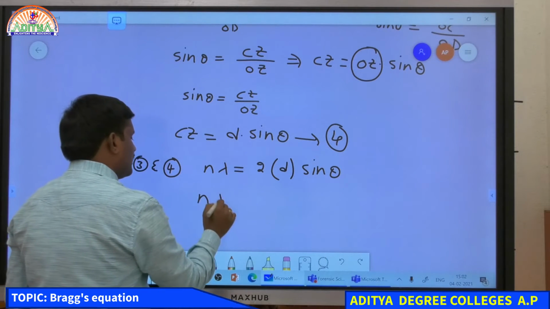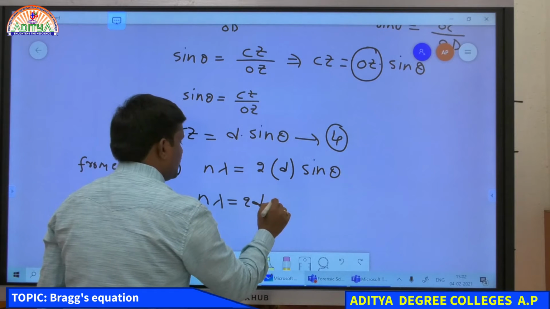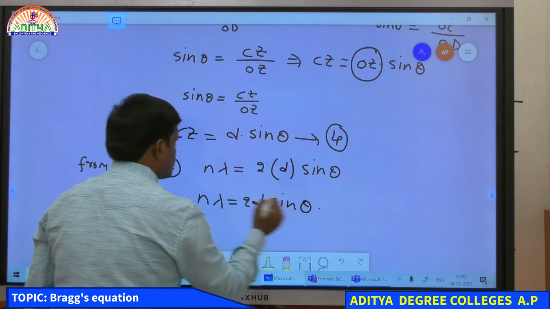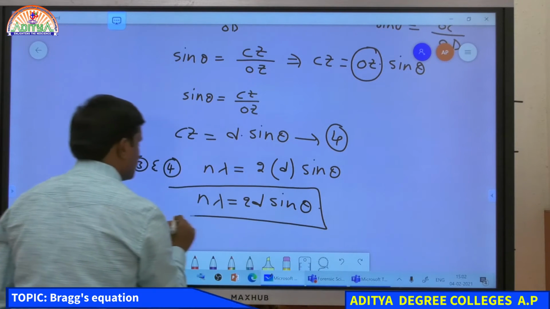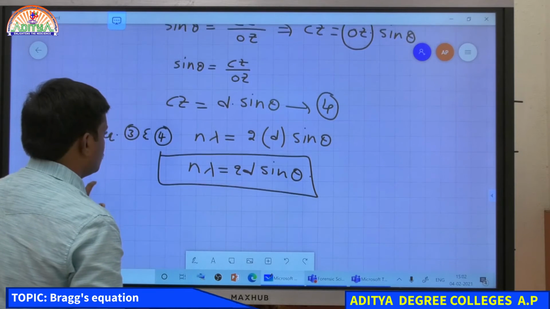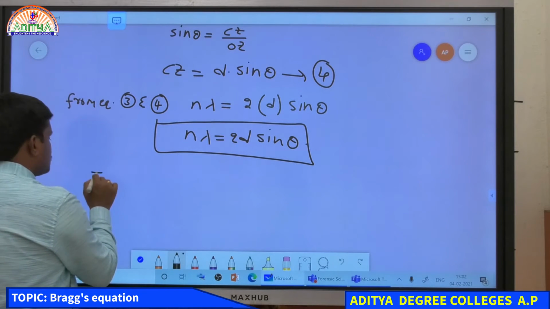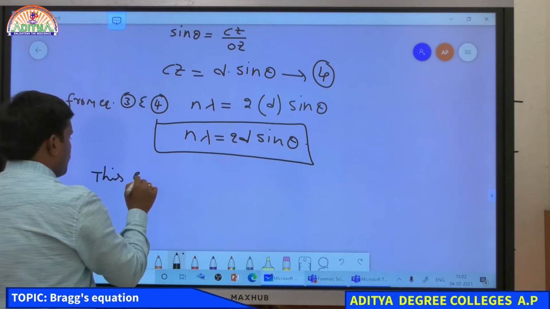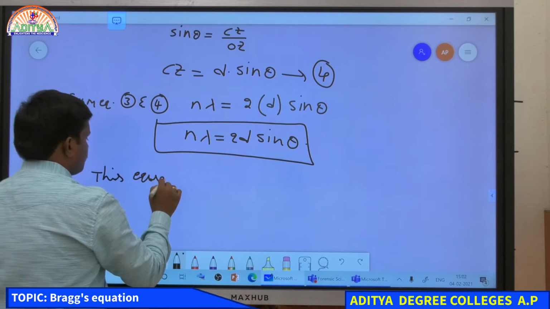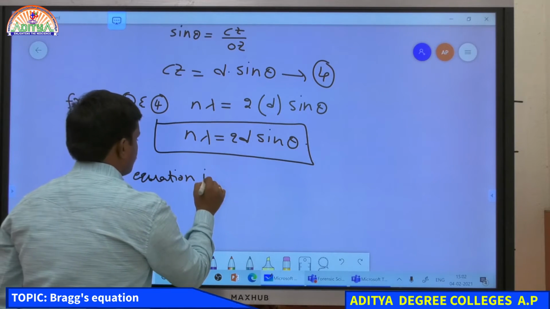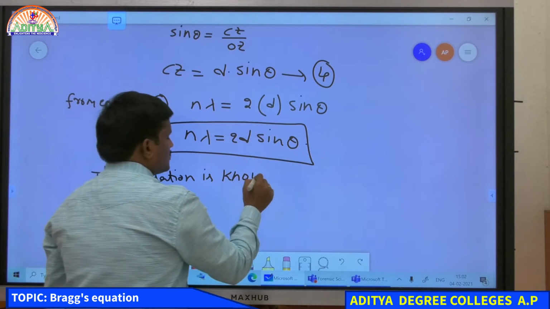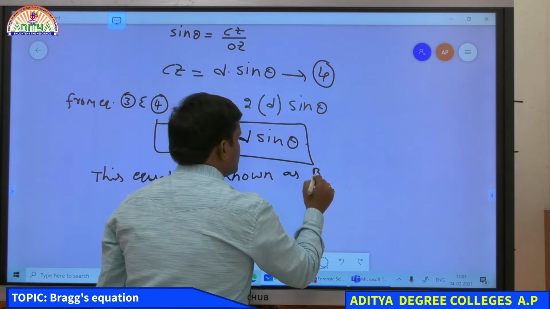Therefore, finally n lambda is equal to 2d sin theta. This equation is known as Bragg's equation.